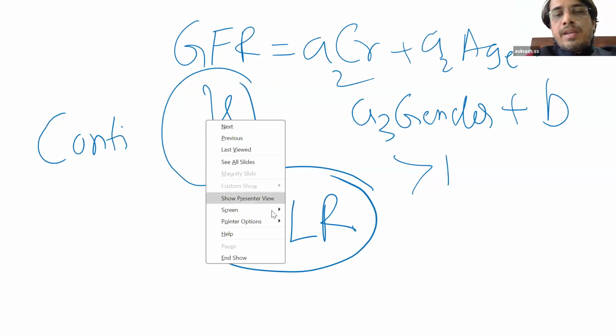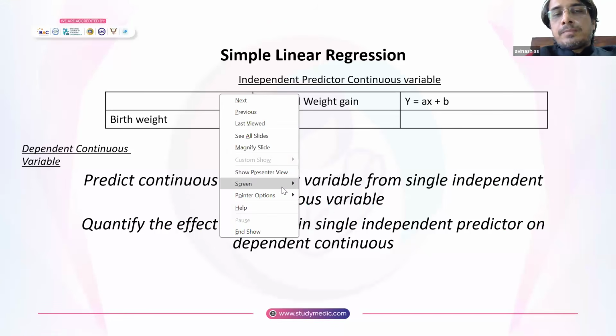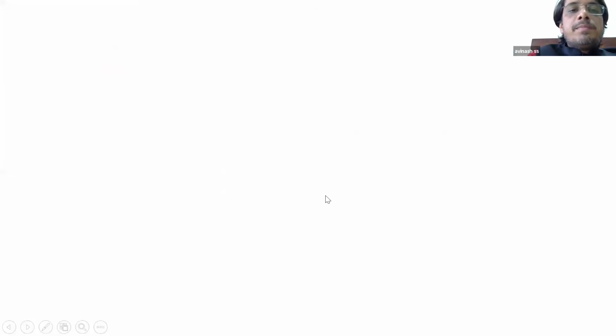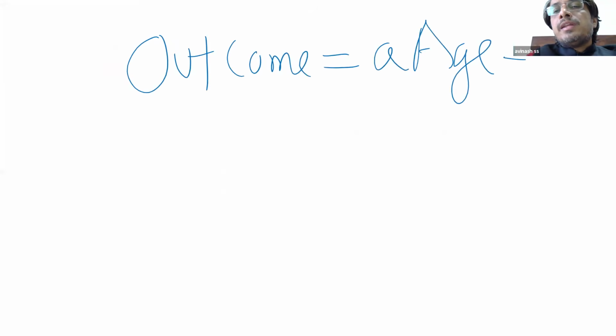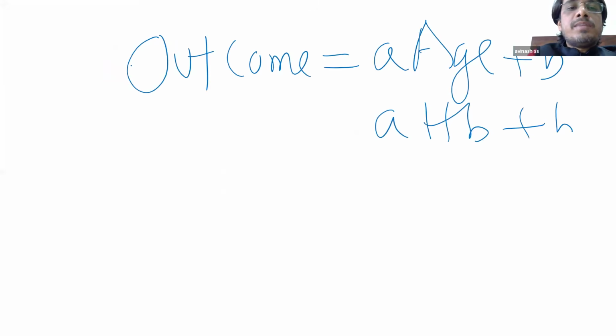Now, if the dependent variable is an outcome, let us say we want to find out the pregnancy outcome based on the age of the woman at the time of delivery, or based on the hemoglobin status at the time of delivery, etc. Outcome is a categorical variable. That is the dependent variable.